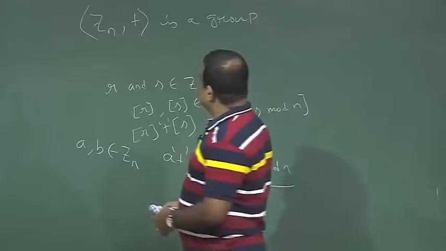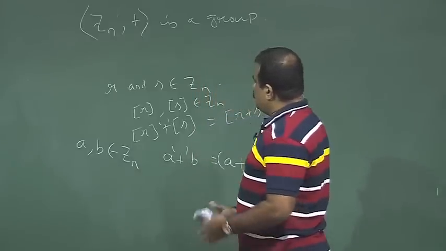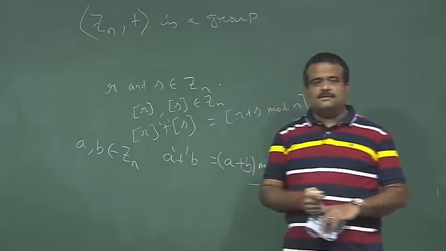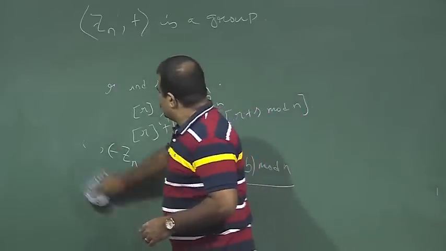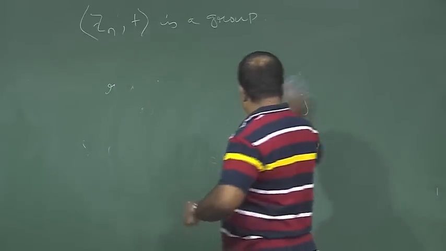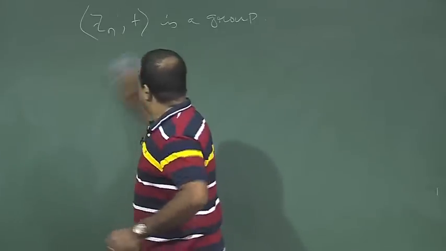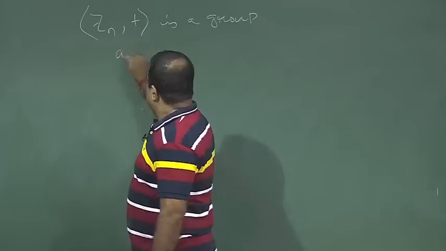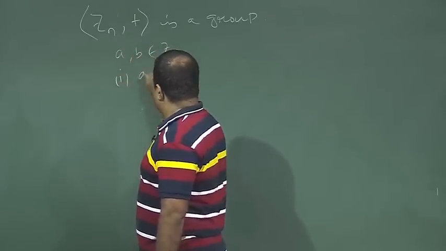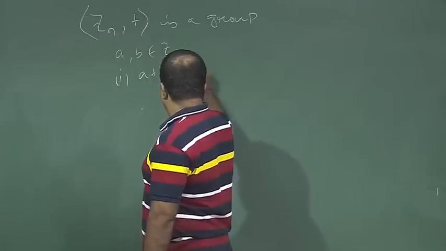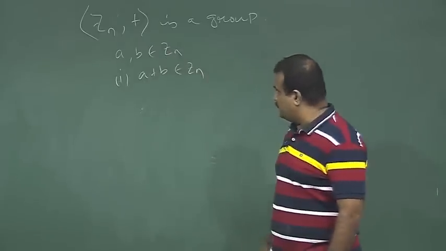So, how to prove this is a group? For a group we need a few properties, like the closure property, which can be easily shown. If you take two elements a, b from Zn, then the closure property is a plus b is also in Zn, the way we have defined plus.